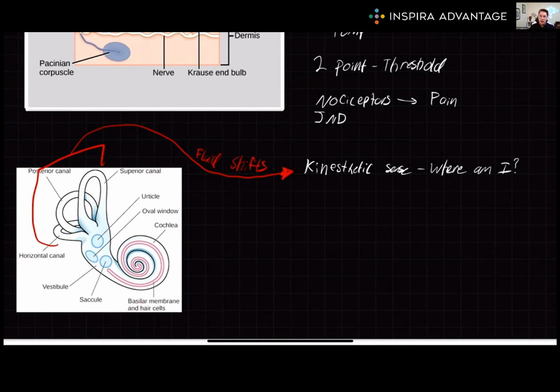And when we have this differential acceleration, this is going to translate into a bunch of different nerve signals, ultimately telling us about our position in space, aka our kinesthetic sense. Very, very interesting. We know where we are because of fluids sloshing around in our inner ears in our semicircular canals.